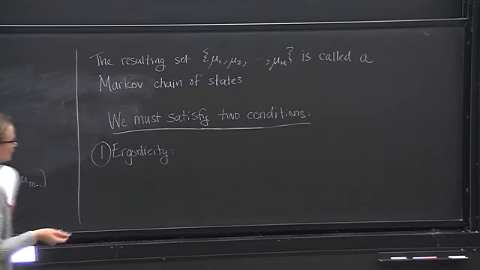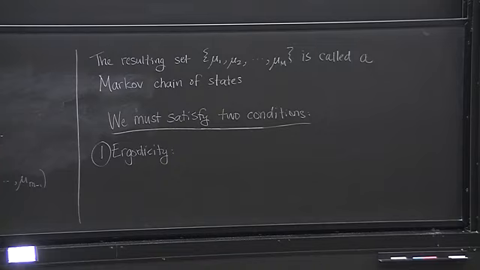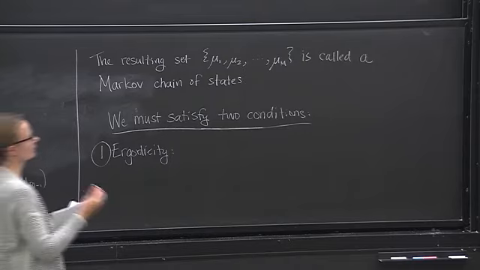So the first one is called ergodicity. What this means is that it has to be possible to somehow, at some point in time, reach every possible state in your system.